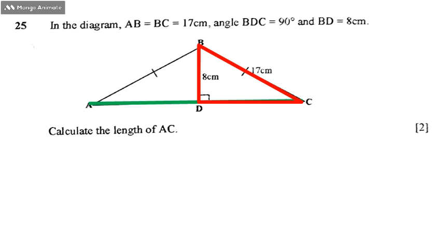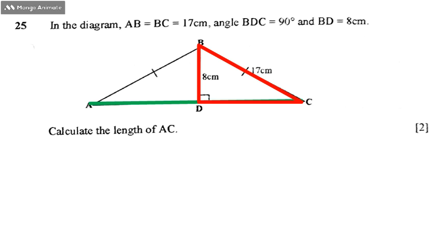And remember, angle BDC is a right angle, same as ABD, which is also a right triangle. So I'm going to use the triangle BCD to find the length of DC. Once I find DC, I'm going to multiply it by 2 so that I get the length of AC.